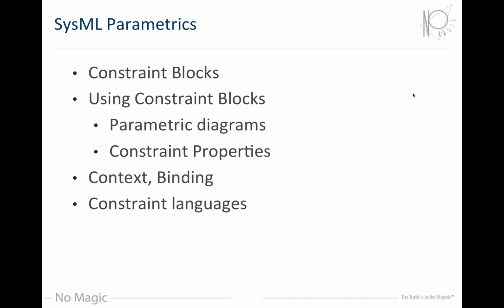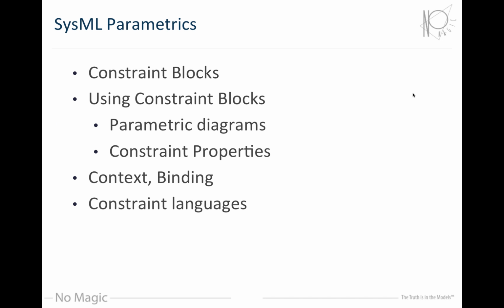Okay, so let's move to the overview. I'll quickly talk about parametrics and the tool itself, and switch to the demo. So let's start from basic concepts. The main fundamental building block to do a parametric analysis in SysML is the constraint block concept.